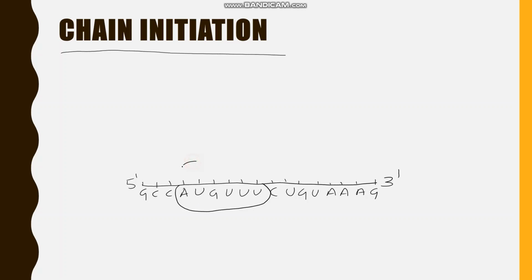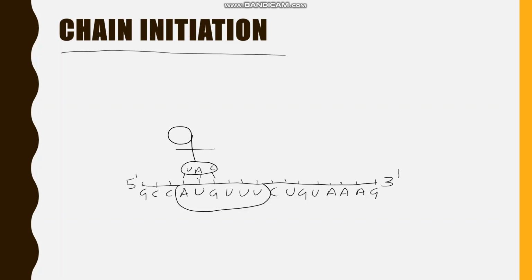It is followed by the binding of amino acyl tRNA. Amino acyl tRNA means amino acid with the tRNA. So this particular amino acyl tRNA consists of an anticodon, that is UAC. See here, A is complementary to U, U is complementary to A, G is complementary to C. So codon and anticodon are complementary to each other.